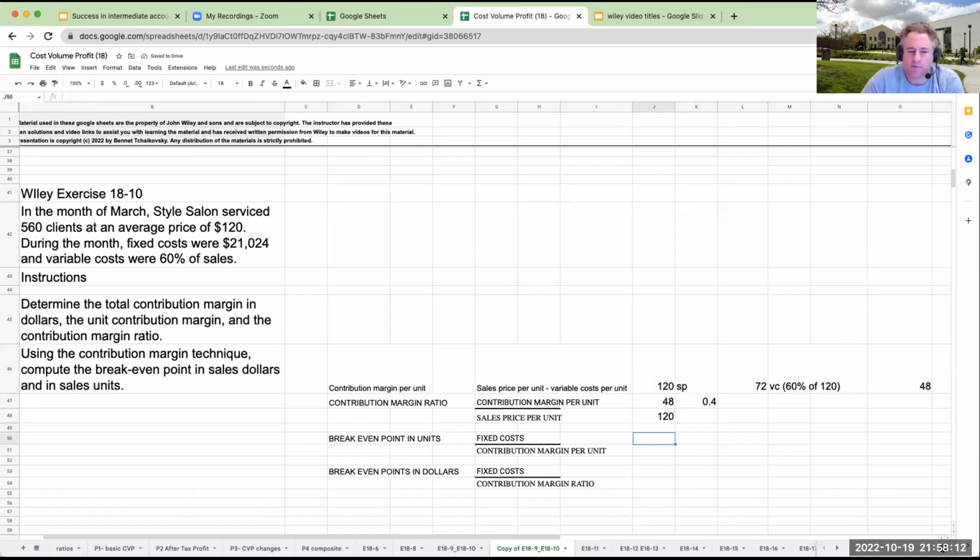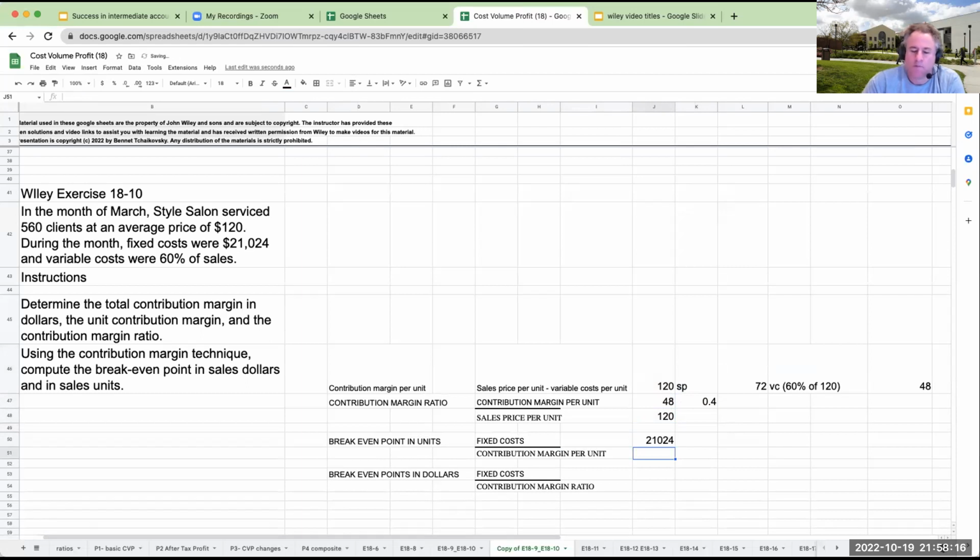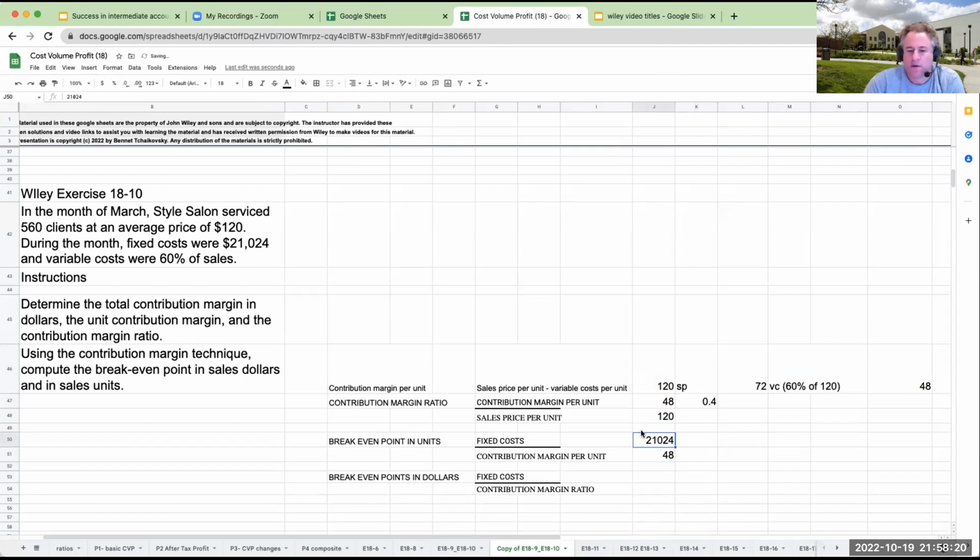Over here, my fixed costs were $21,024. My contribution margin per unit is going to be 48. So this is going to tell me that my break-even point in terms of units is going to be 438.